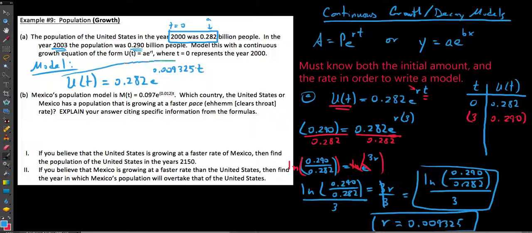And this right here is what we were trying to do for part A, just write a model that describes how this population is changing over time. It's just that we had to solve for the rate first in order to get this model complete. So now we have our model here.